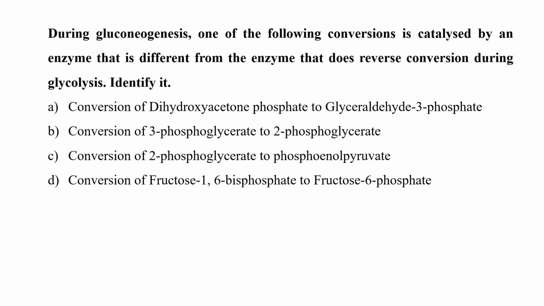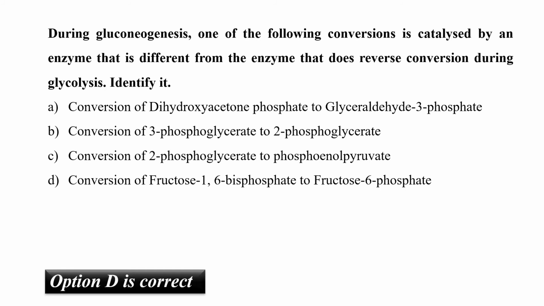Pyruvate carboxylase converts pyruvate into oxaloacetate. Fructose 1,6-bisphosphatase converts fructose 1,6-bisphosphate to fructose 6-phosphate, and glucose 6-phosphatase converts glucose 6-phosphate into glucose. So from the given options, option D, conversion of fructose 1,6-bisphosphate to fructose 6-phosphate, is the correct answer.